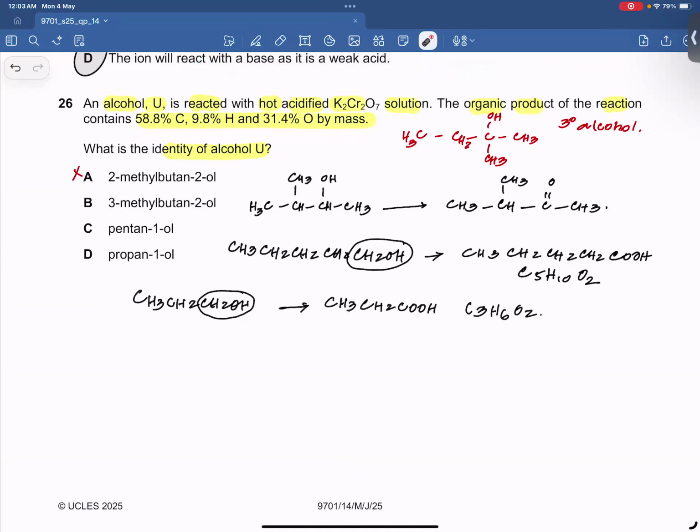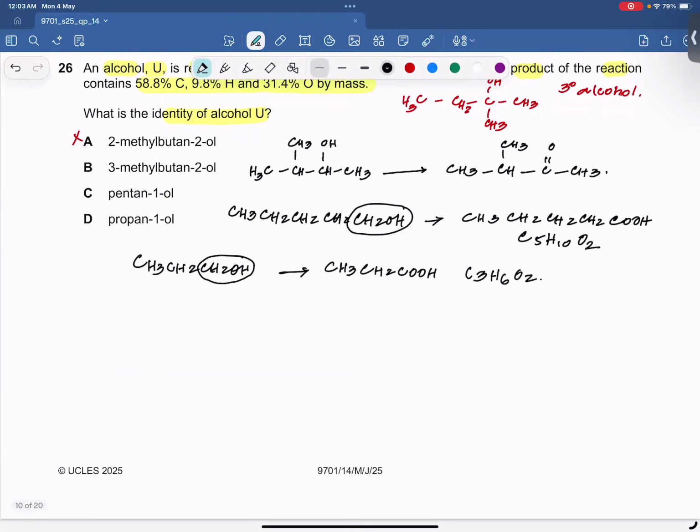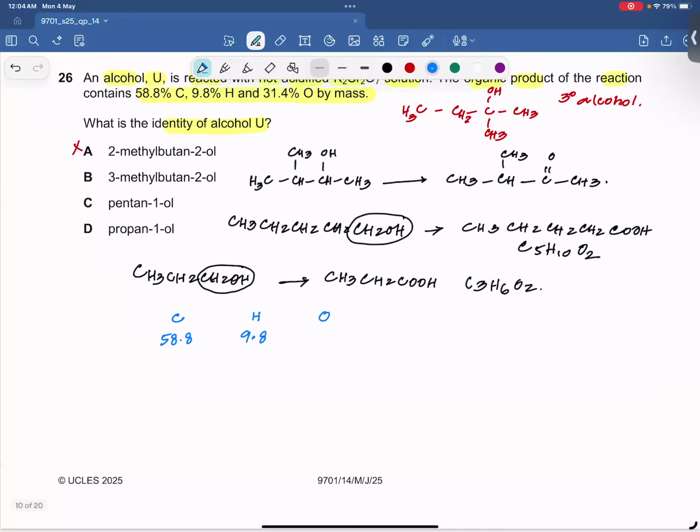Let's talk about this calculation. That's a tough question. Carbon, hydrogen, and oxygen: carbon has a mass of 58.8, hydrogen is 9.8, and oxygen is 31.4.